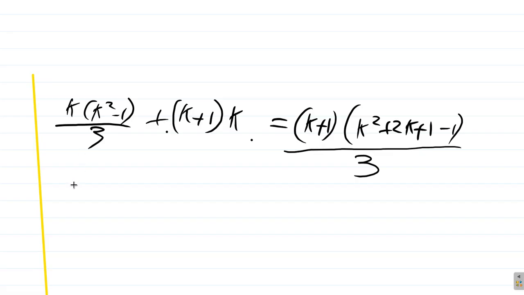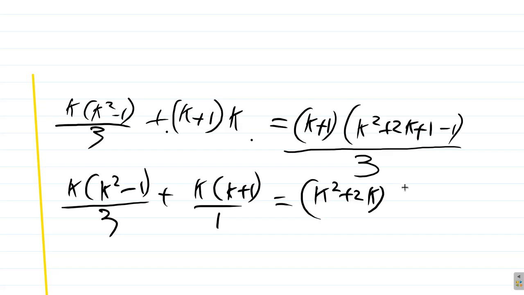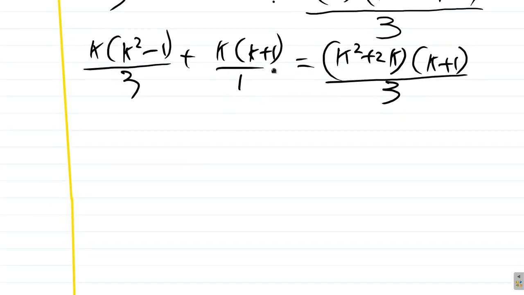Well, look at this now. Let's rewrite this. This is k squared minus 1 over 3 plus k plus 1 over 1 equals, let's have this part first, k squared plus 2k. The 1 minus 1 will go. So it's k squared plus 2k and k plus 1 divided by 3. Alright? To get common denominators on the left hand side, we multiply both top and bottom by 3.